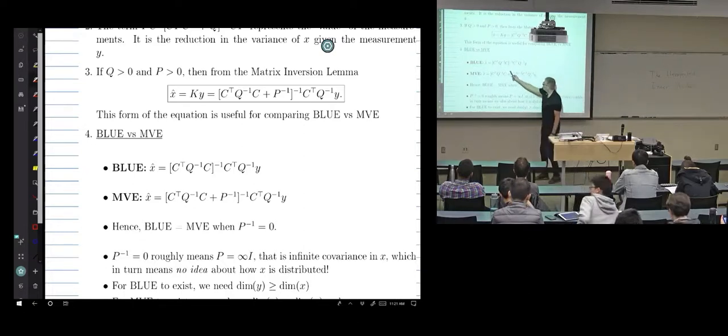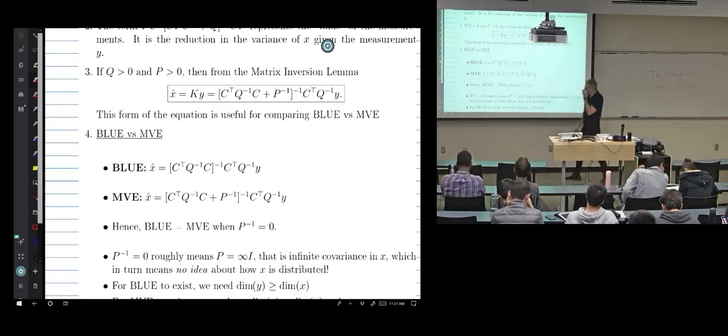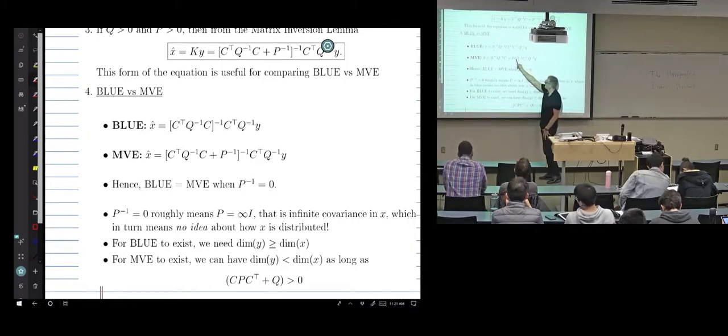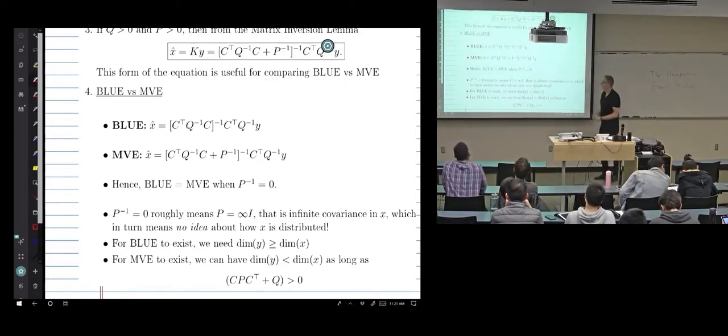And so you can see that in BLUE, the information matrix on the state is 0. Okay, the information that you have a priori about X is 0. That's the information matrix of X. And so what does that mean?